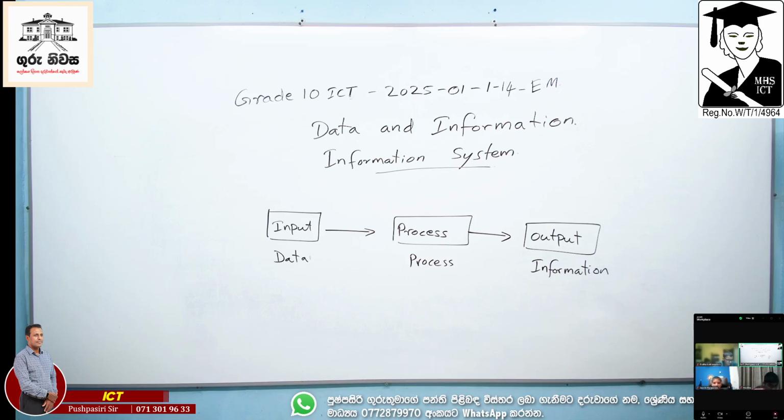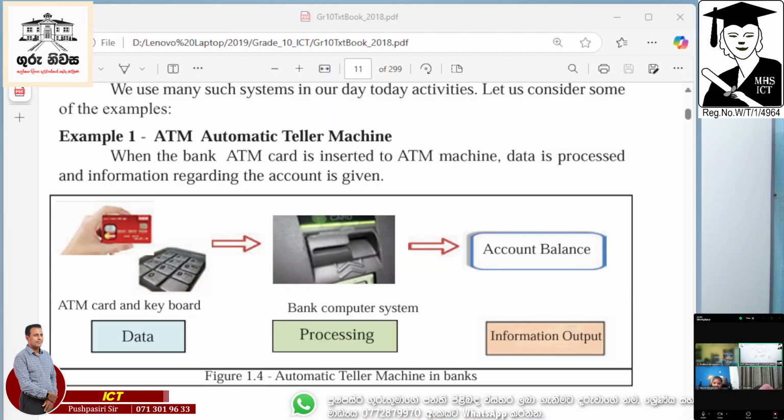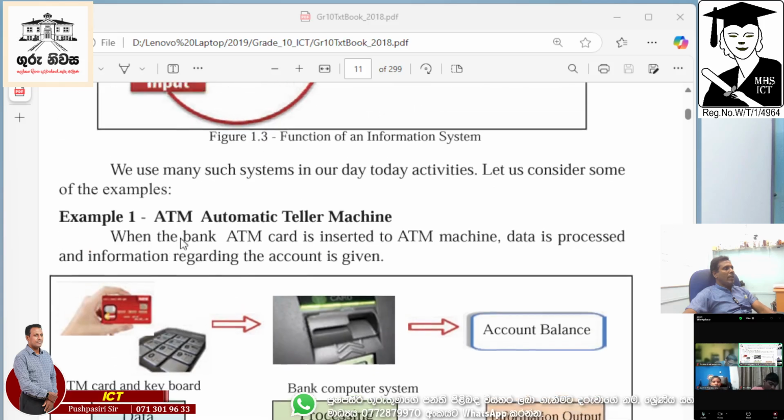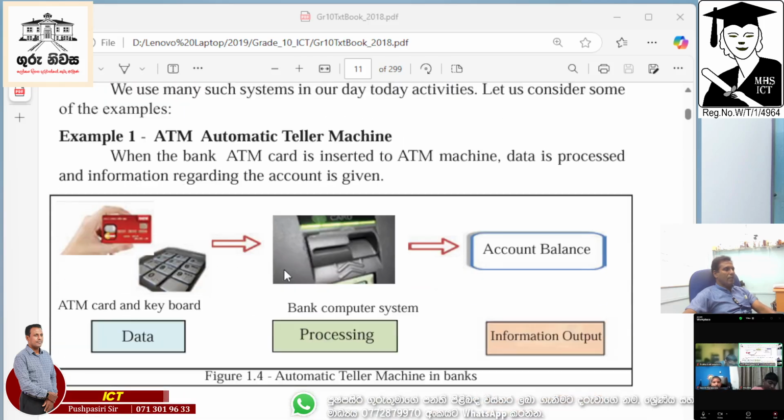Now you can watch here. An ATM, an automated teller machine, is a system. Data is there, process is there, and information is output.